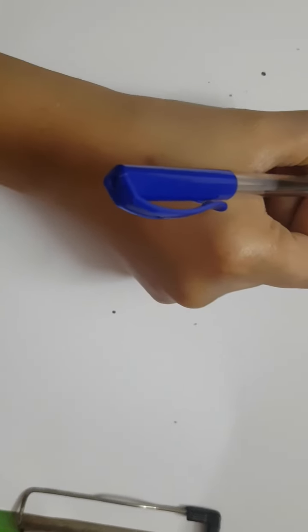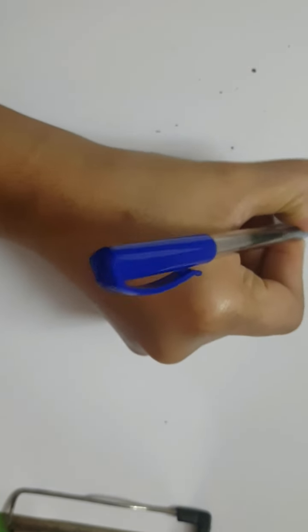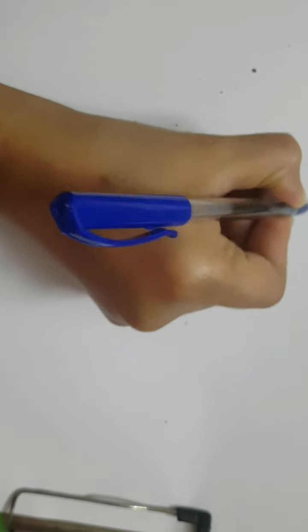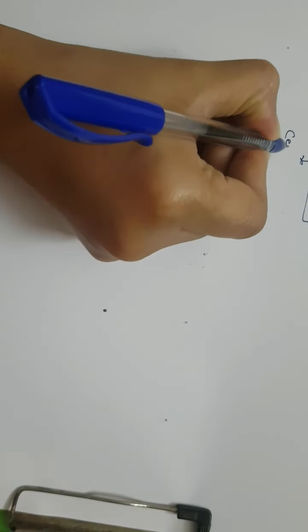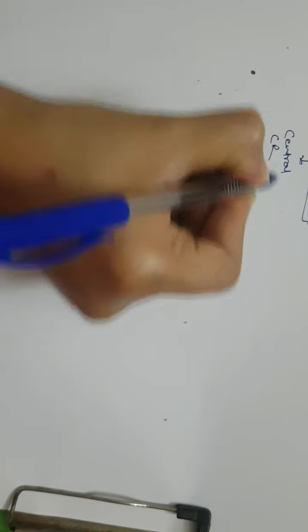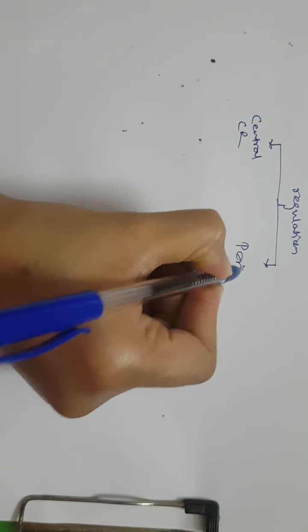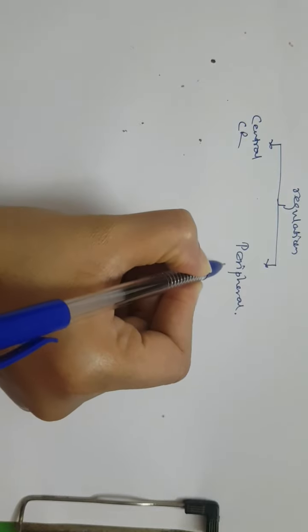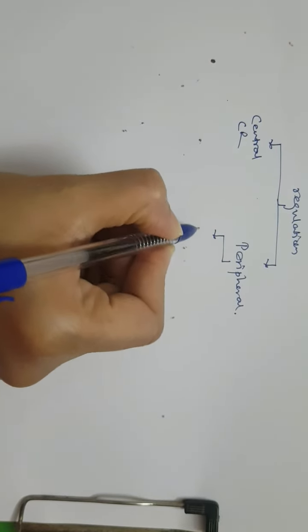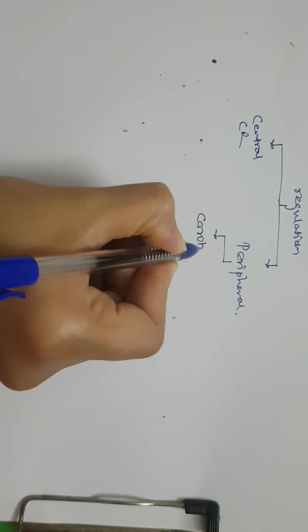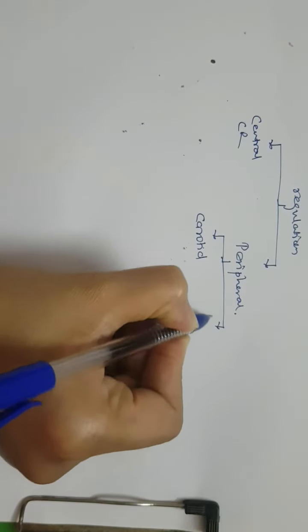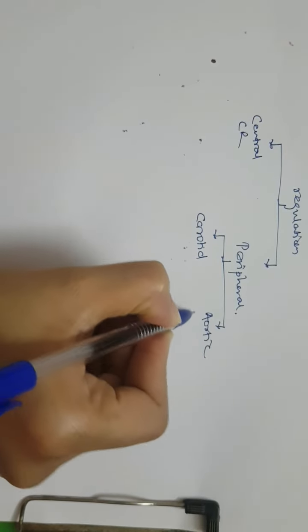Next we will talk about chemical regulation. Chemical regulation of respiration is done by central chemoreceptors and peripheral chemoreceptors. The peripheral receptors are the carotid and aortic chemoreceptors.